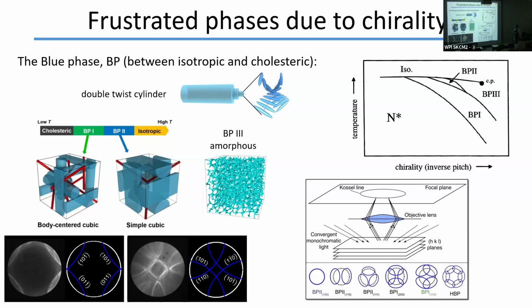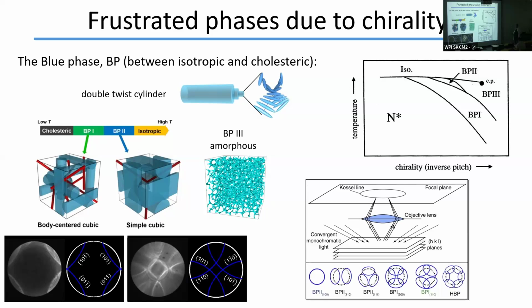So these blue phases, they come between the isotropic and the cholesteric phase. And they are built up of double twist cylinders. So you have a twist in one direction and a twist in the other. So double twisted cylinders like this.